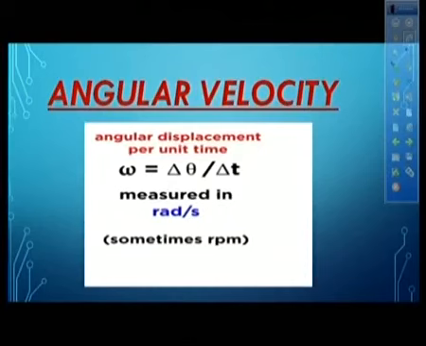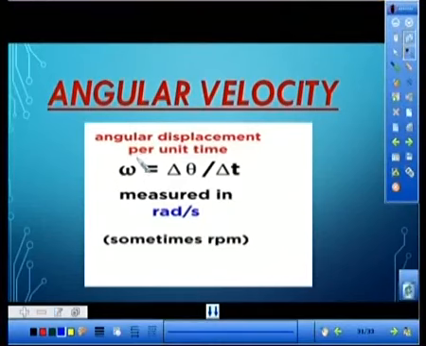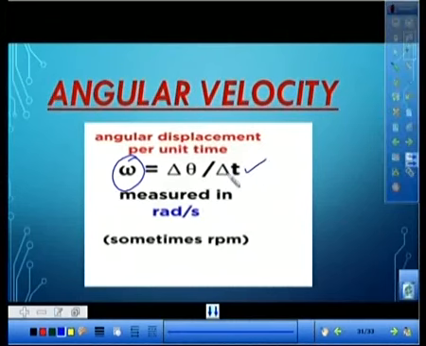Simple velocity, time rate of change of displacement. Similarly, angular velocity, angular displacement per unit time, and it is denoted by a Greek word which is called omega. This is a new word for you. It is called omega, which is equal to delta theta by delta t.